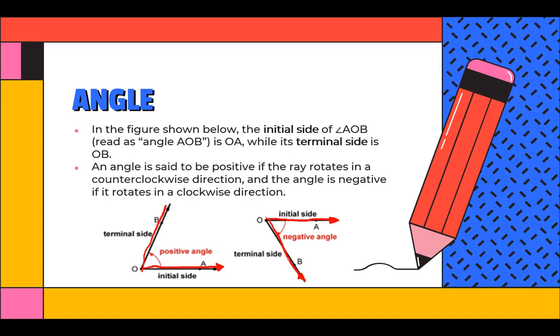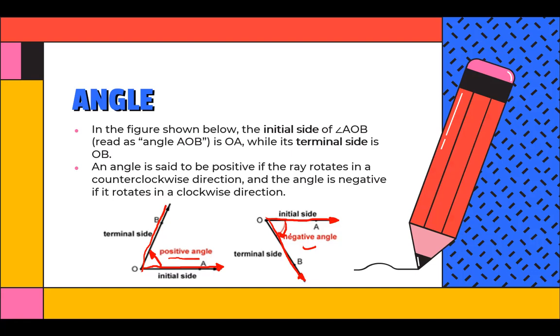Next, an angle is said to be positive if the ray rotates in a counterclockwise direction, just like this one. This angle rotates in a counterclockwise direction as denoted here. Thus, if the ray rotates counterclockwise, then the angle is positive. And the angle is negative if the ray rotates in a clockwise direction.